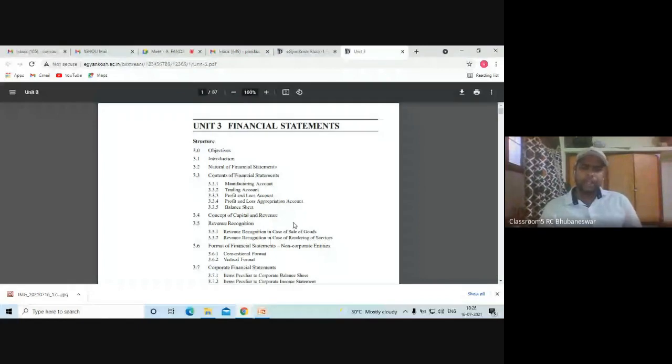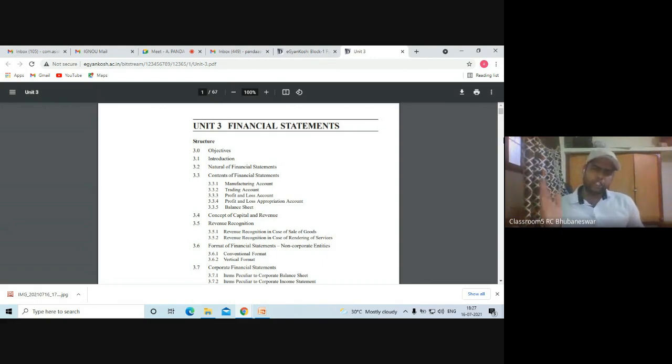Okay, next, what are the various formats? You might know about the introduction of the Companies Act 2013. After the 2013 Act came into existence, the previous format of preparing the manufacturing account, trading account, profit and loss account and balance sheet got eradicated.